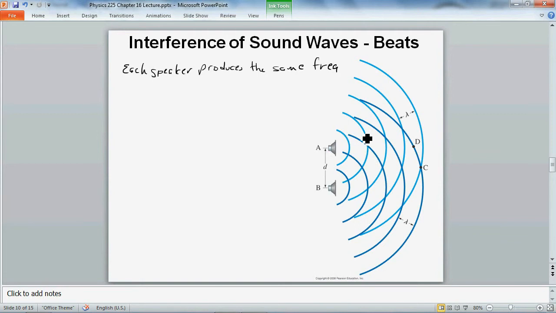And these circular lines, these curves, are showing where the crest or the trough of the waves are coming out of the speaker.